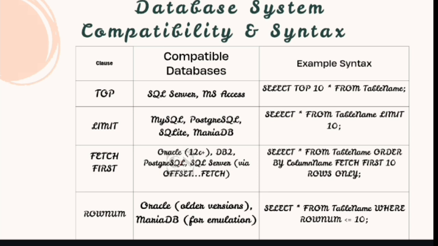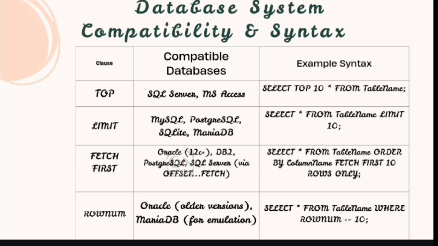Fourth is the ROWNUM. ROWNUM used in Oracle older version, MariaDB for emulation. Syntax select asterisk from table name where ROWNUM is less than or equals to 10.